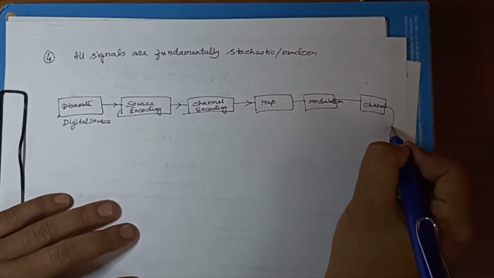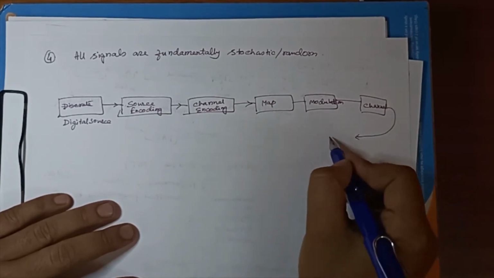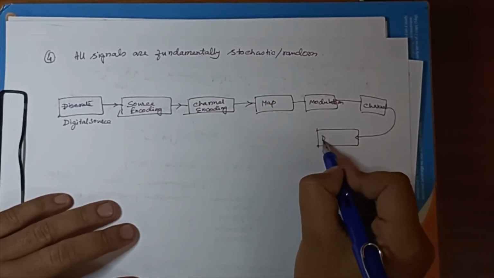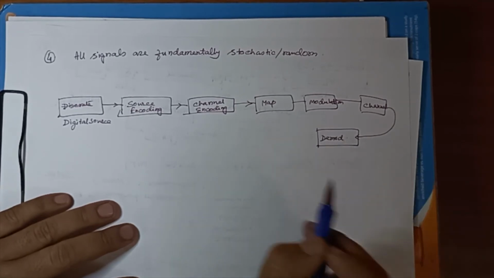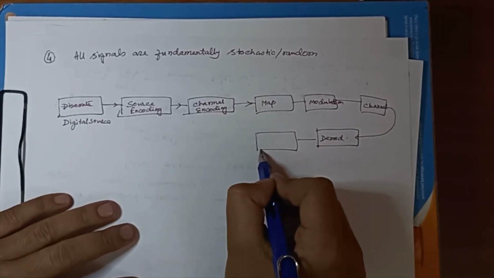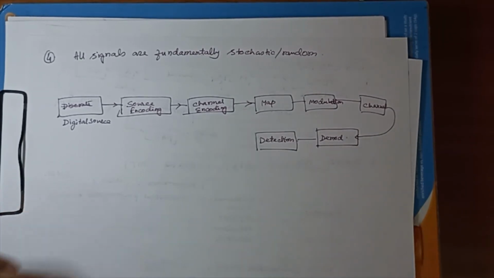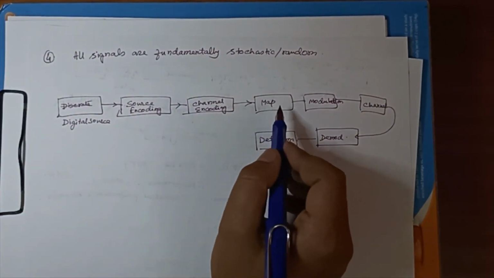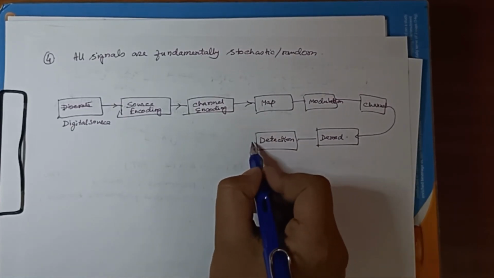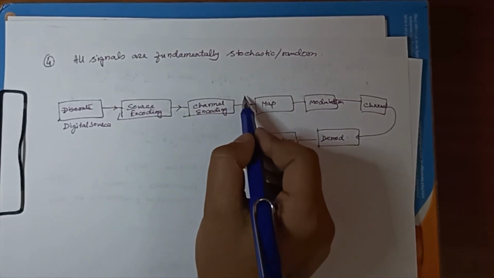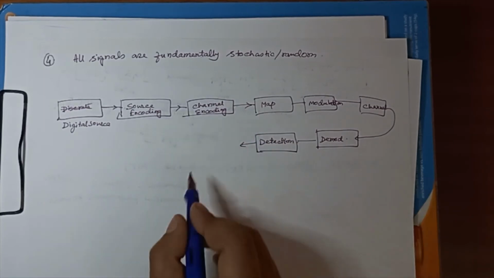After passing through the channel, first you take the signal through the demodulator, and then you go to the detector. This detection does the inverse mapping, and it gives you the bit stream which you were expecting to send from here.